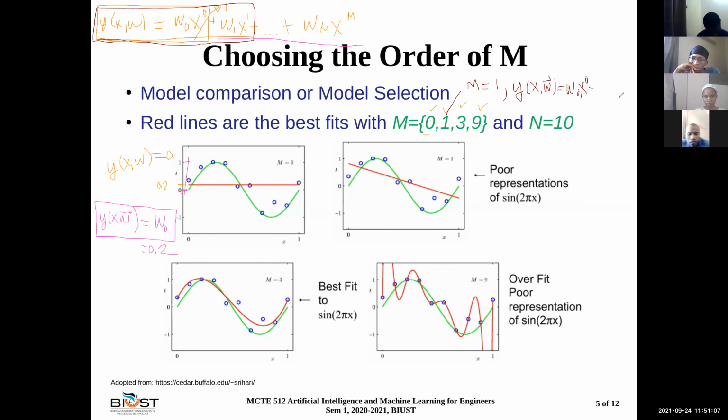Now we have 2 terms. Previously, we only had 1 term. Now we are considering 2 terms. So what is this equation? It is a line. This one is also a line. That equation is also a line. Yes? What's the difference between that line and this line?